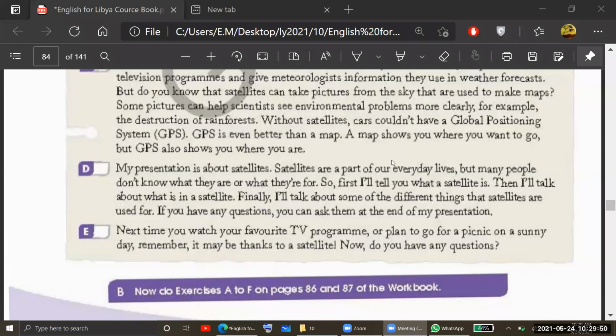So my presentation is about satellites. عم يقول إنه البرزنتيشن بتاعه عن الأقمار الاصطناعية.